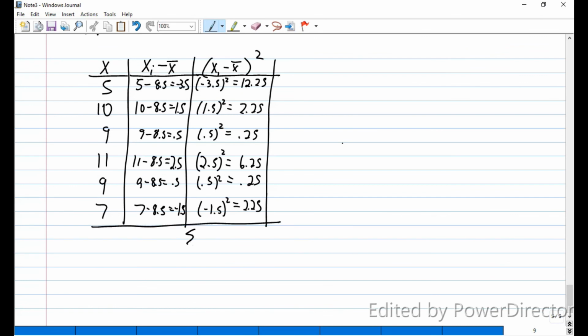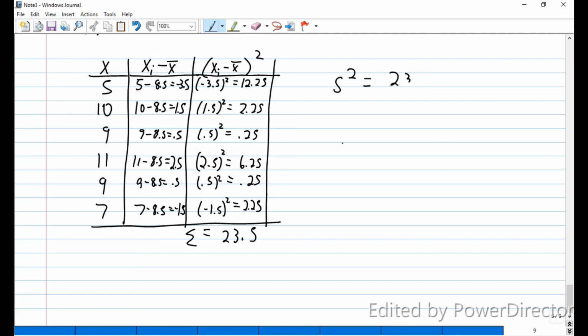So what if I wanted to know the sum of these deviations squared? Well, then I have to add all these numbers up. If I add all these numbers up, I get 23.5 in a calculator. This came from a sample, so I'm finding the sample variance here. The sample variance, remember the formula was the sum of x sub i minus x bar, squared.